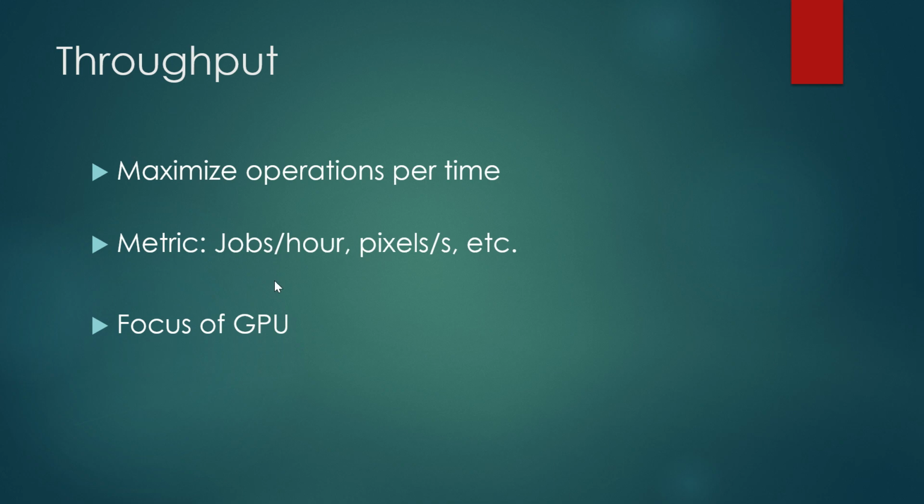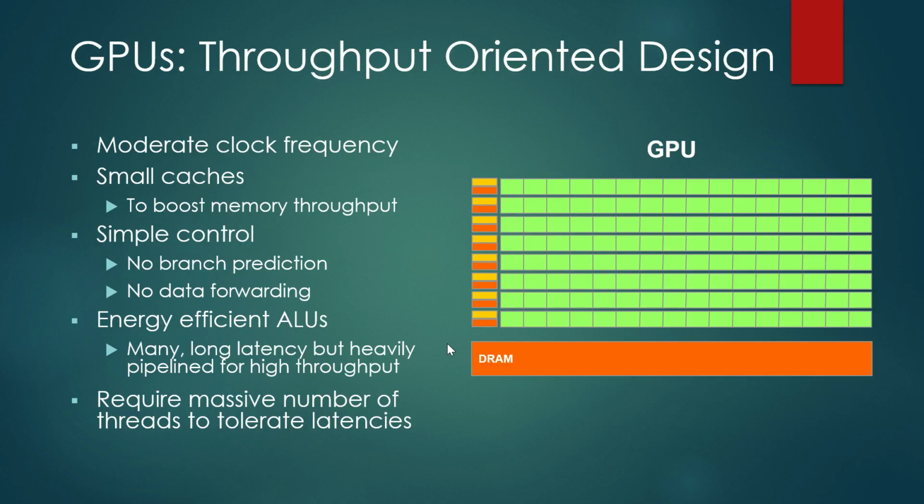And throughput is huge when it comes to GPUs, which is obvious if you know what's going on with the hardware, and I'll explain that. So if you look at, say, the equivalent of GPU hardware, so this is just a single chip, the majority of the chip is just computational units.